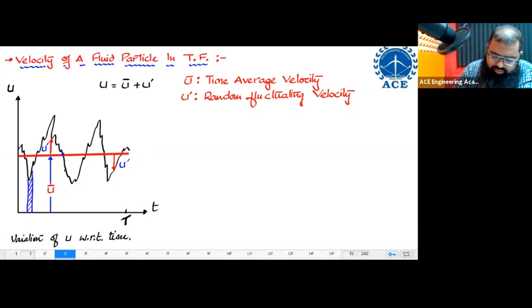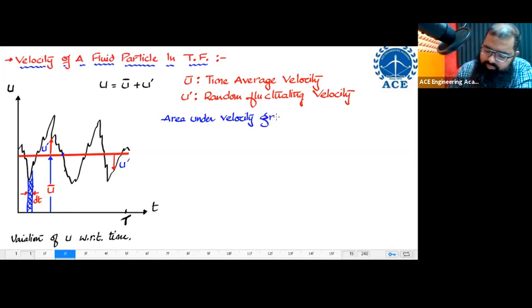Let us say I take a small thickness over here. Suppose this thickness is equal to some dt thickness. So now I can say the area under the velocity graph has to be equal to the integral of this small area.